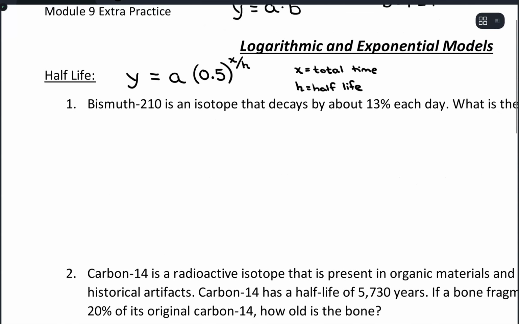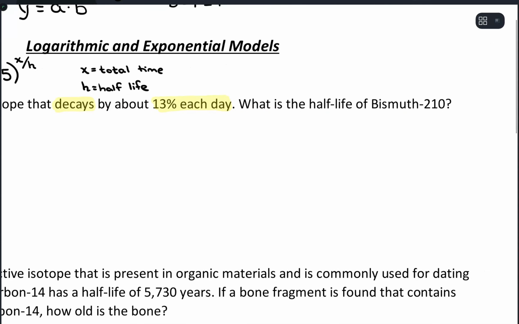Okay, so this first example here, we have bismuth 210, an isotope that decays, and I'm just going to highlight, it's decaying by about 13% each day. What is the half-life of bismuth 210?